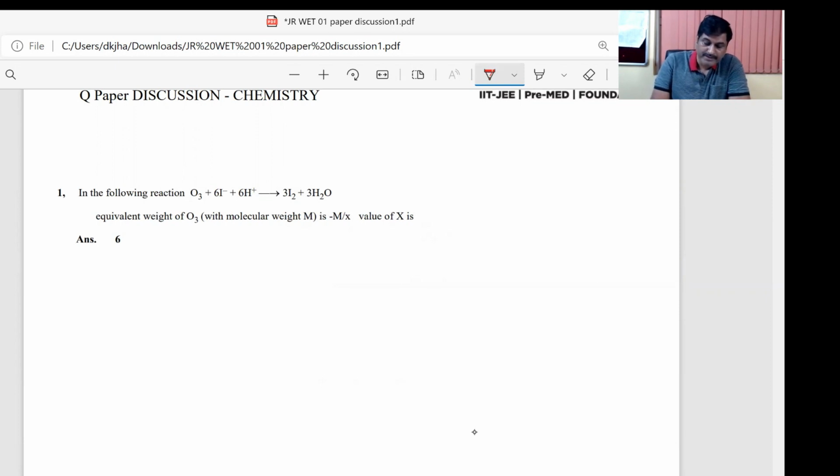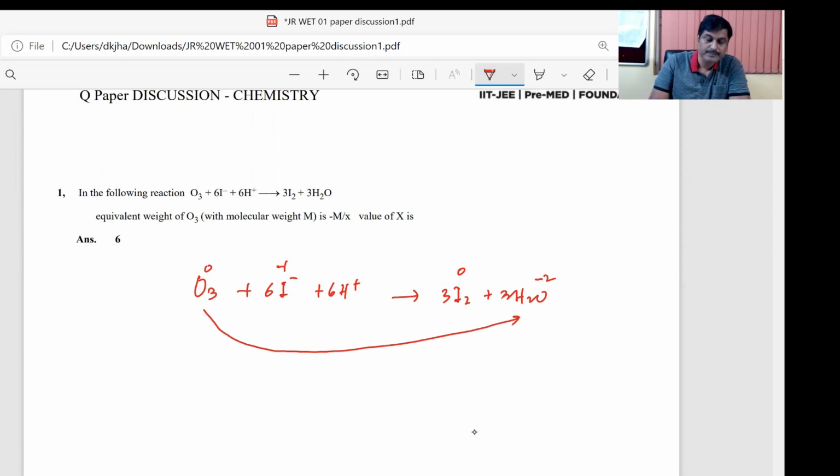In the following reaction, we have O3 plus 6I minus plus 6H plus, that gives 3I2 plus 3H2O. Correct? O3 in its elemental form has oxidation state 0, but here oxygen is in the -2 state. And we don't have any other oxygen atom here. I is clearly -1 and this one is 0, so 0 to -2.